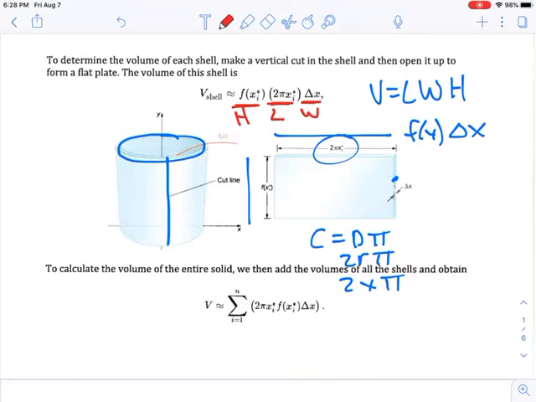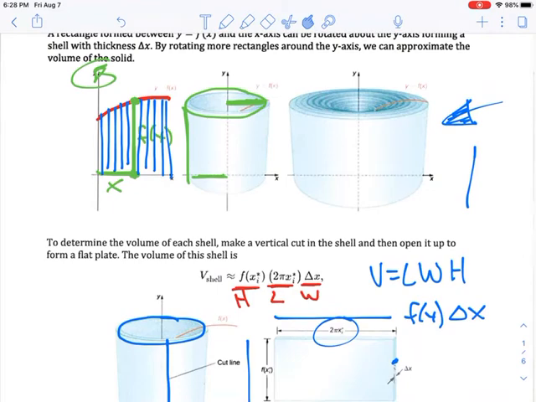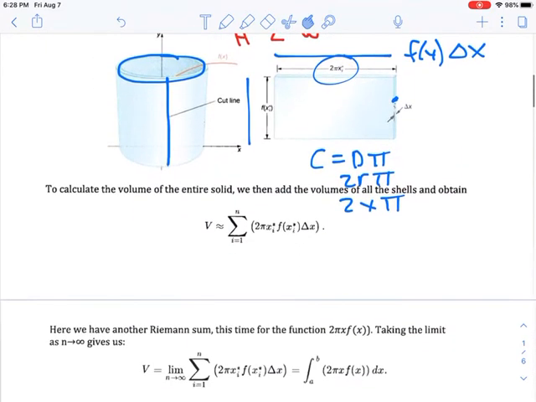Well, we know we have a whole bunch of cylindrical shells, right? We have all of these cylindrical shells in here. And we can do what we've done so many times before, which is create a Riemann sum. We can sum up all of the volumes of these cylindrical shells. And when we do that, we'll have an approximation of the volume.